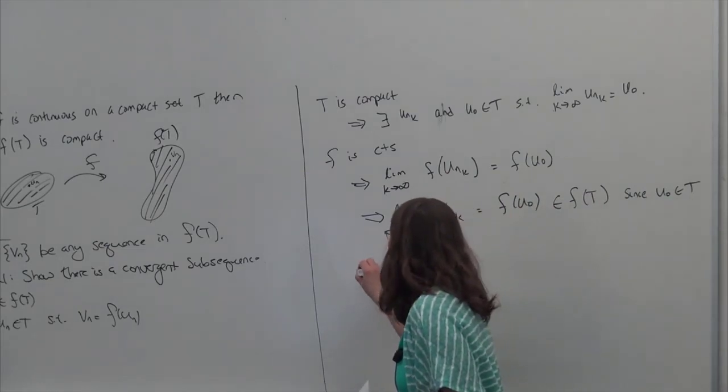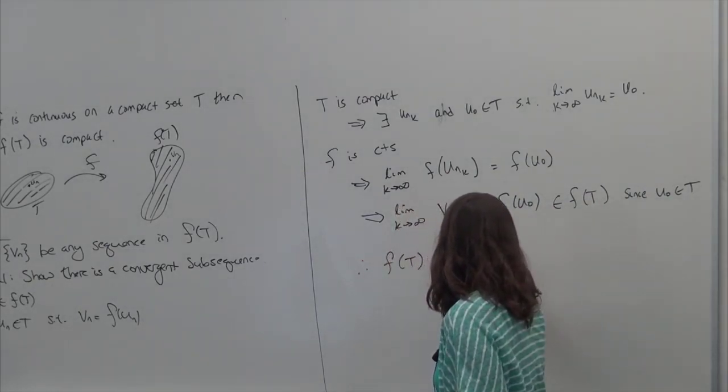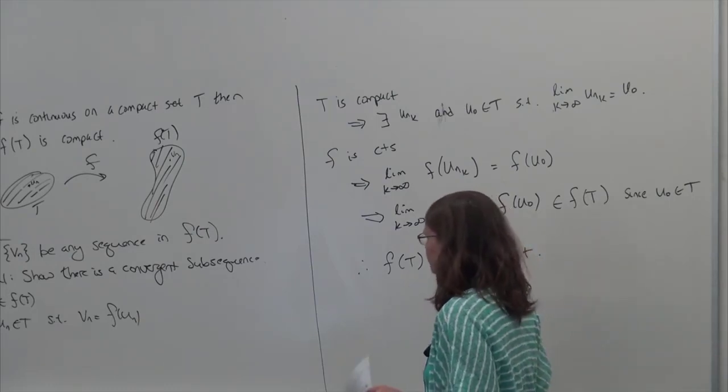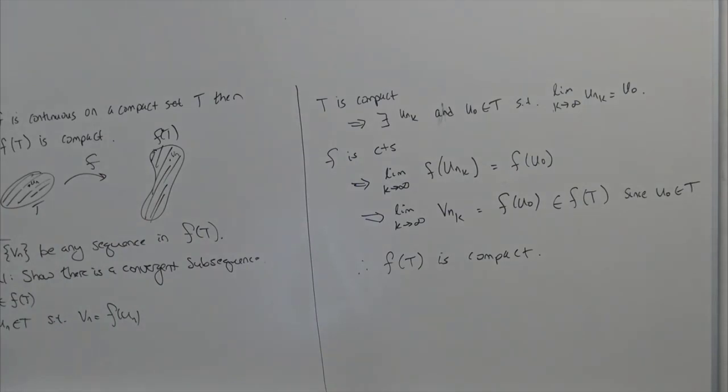So this is enough to say, indeed, f of T is compact. Right, and this is a perfectly reasonable result or exercise. I think any of you can sit down for a little bit and work through the definitions, and I didn't do any magic here. I just worked through the definitions in a pretty straightforward way.